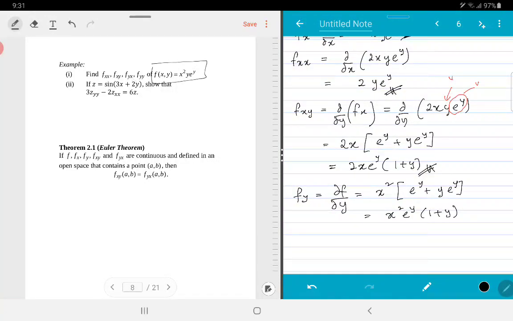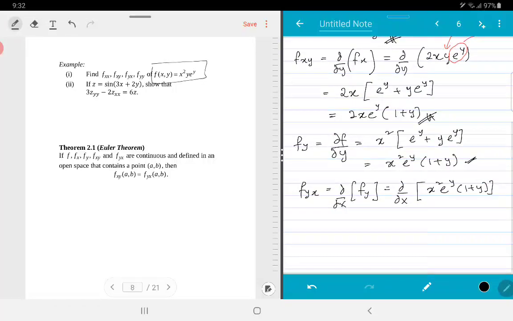Next we want to find fyx, which means we start with partial f partial y and then differentiate with respect to x. Partial f partial y, we just obtained: x squared e^y times 1 plus y.